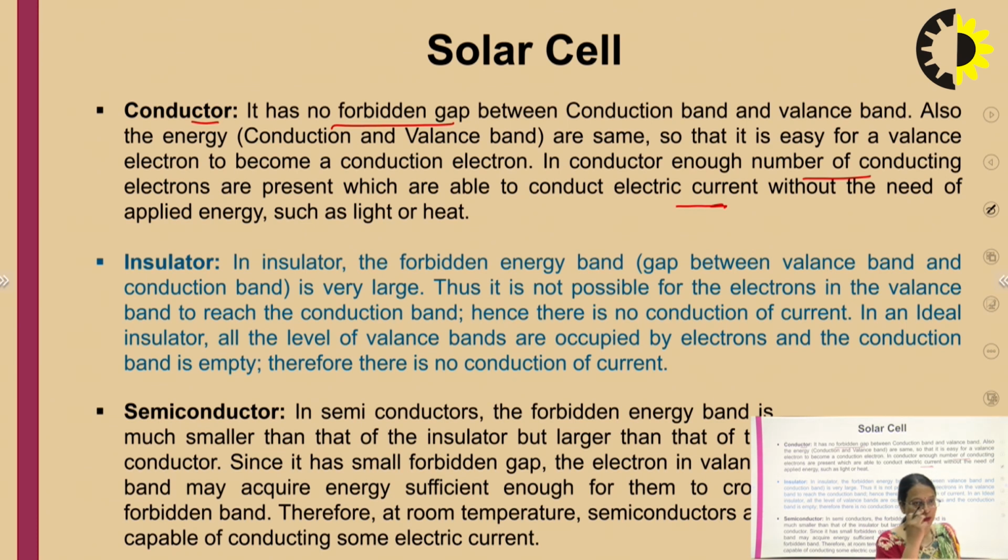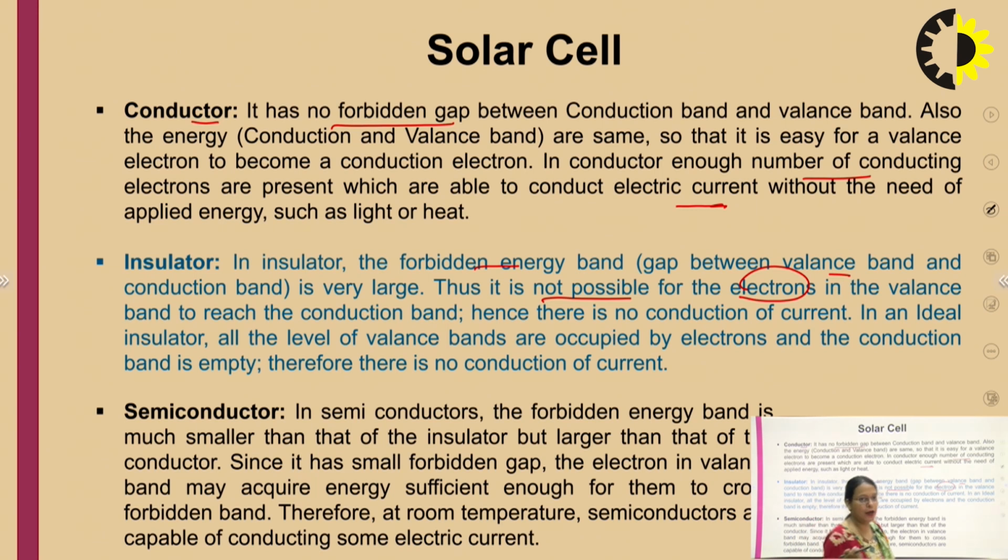But in case of insulator there is a forbidden energy band, which is the gap between the valence band and the conduction band, and this forbidden gap is very large. So it is not possible for the electrons to move from the valence band to the conduction band.